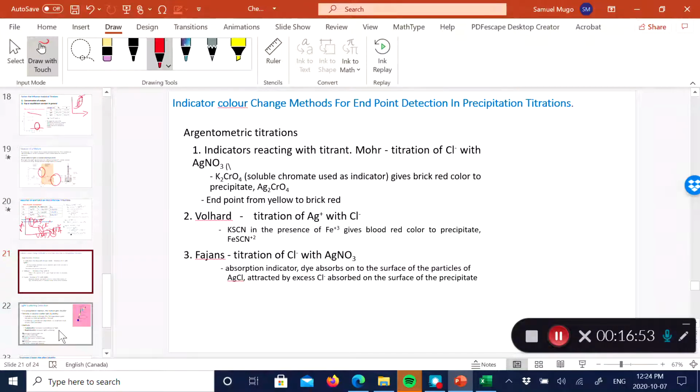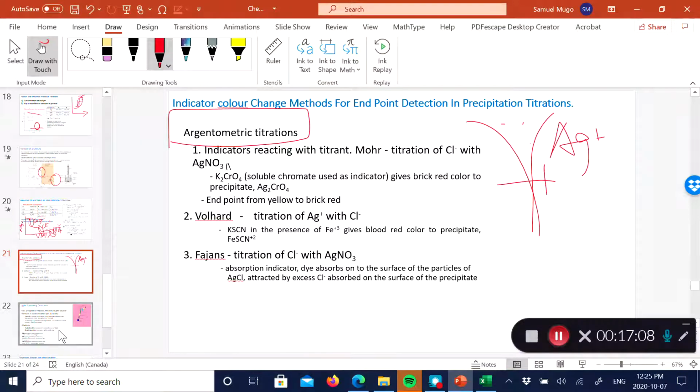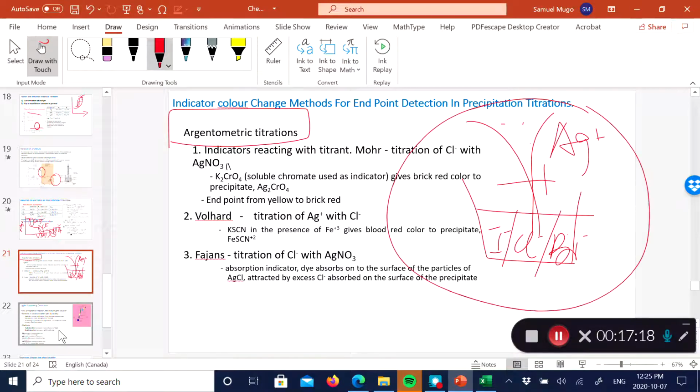So all what I've talked about when you're using silver as a titrant is what you refer to as argentometric titration. So if at all you've got silver as a titrant, and you're trying to analyze maybe iodide in water, maybe chloride in water, maybe bromide in water, when you're doing these type of reactions, you refer to that as argentometric titration.